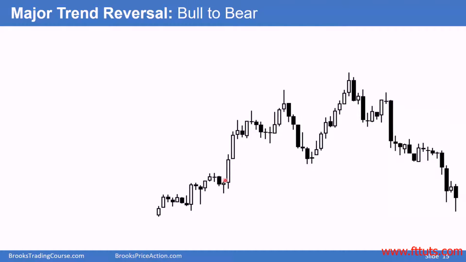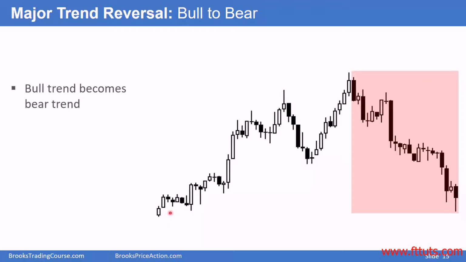Now, look at this. We have a bull trend here, and then a bear breakout to a broader bull channel. But you can look at this and say, bull trend, pretty strong bear breakout. If we go above that high or test that high, maybe we'll get a trend reversal into a bear trend. And that's what we have. We have a bull trend and then a bear trend.